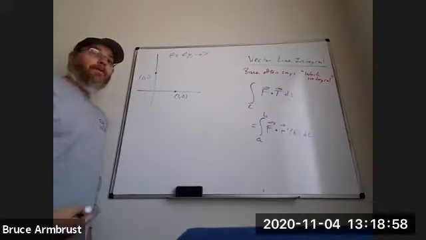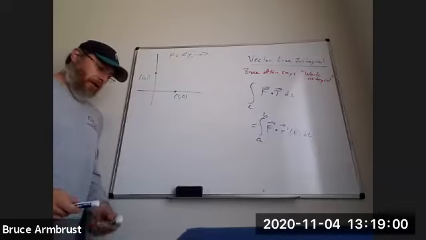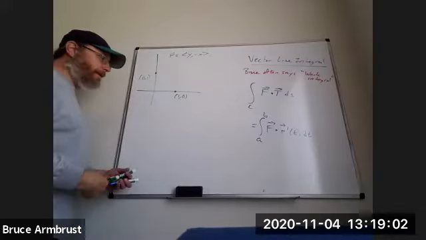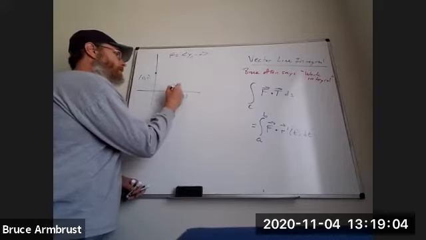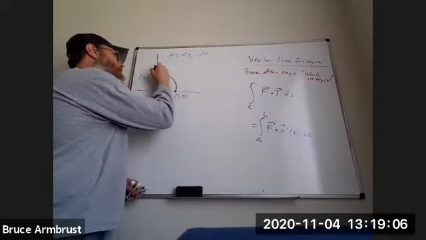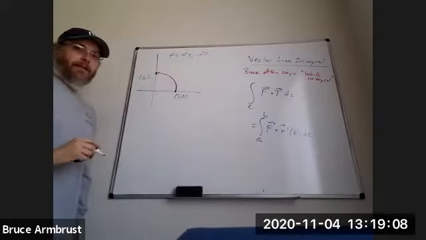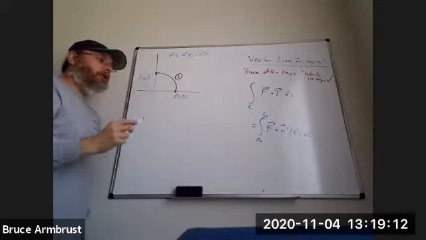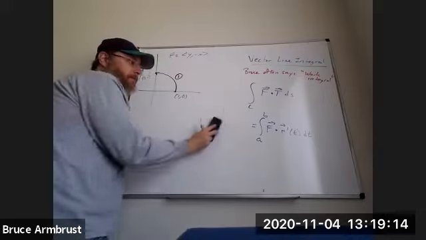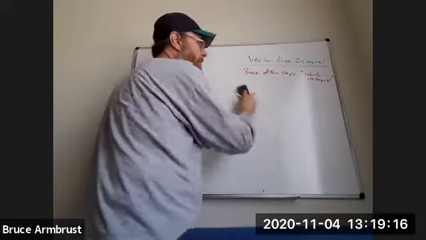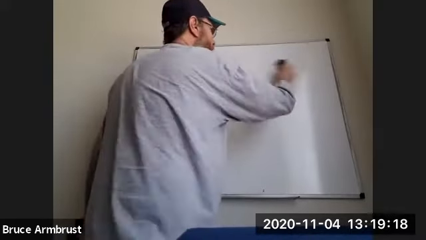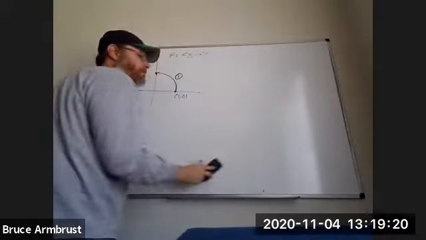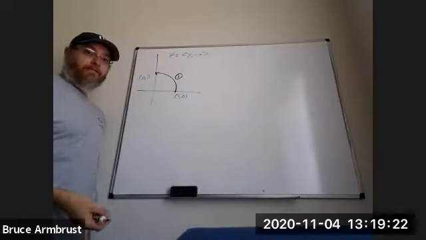We'll just set them up for the different paths and see what happens. So for the first path, let's do the circular path that takes us here. This is going to be path number 1. So for path number 1, we need to parameterize that curve, figure out what our bounds are, and then put it into the form and do the integral.